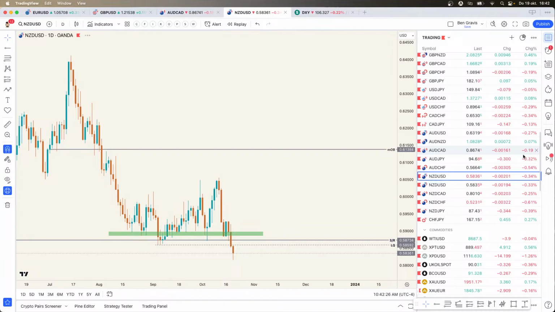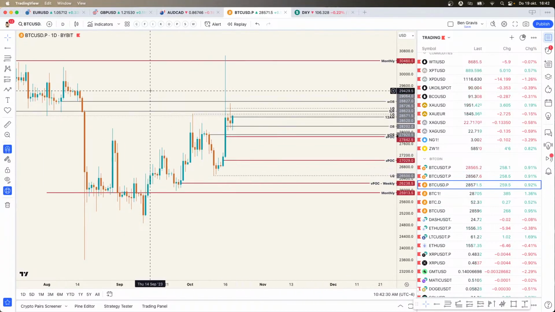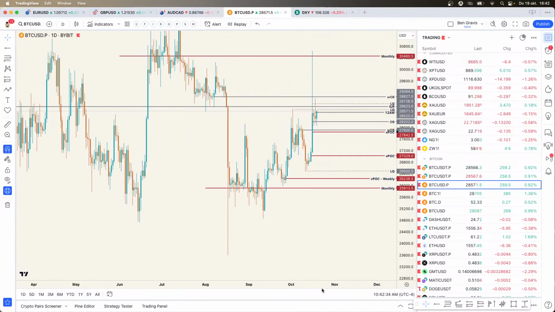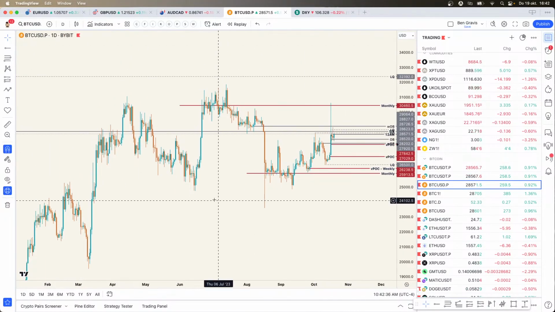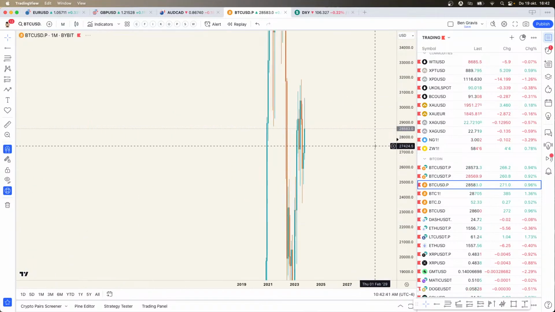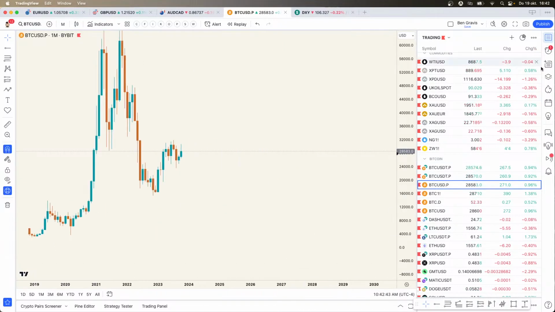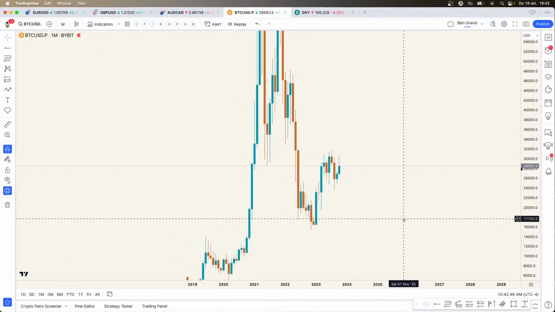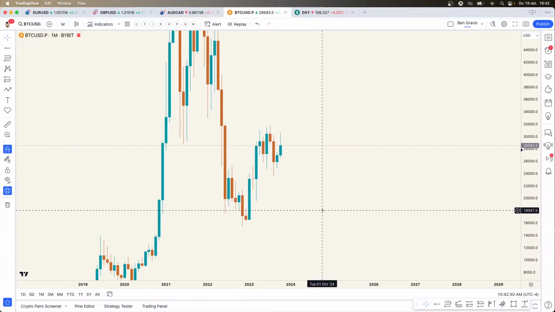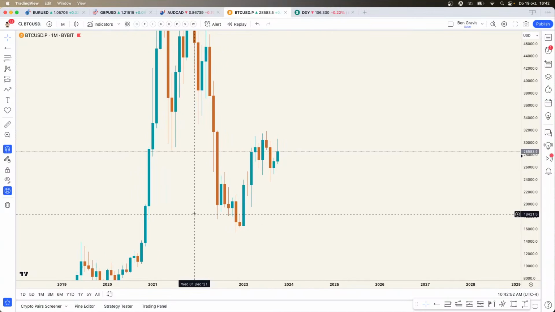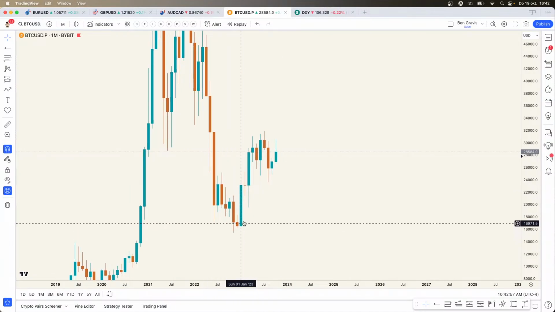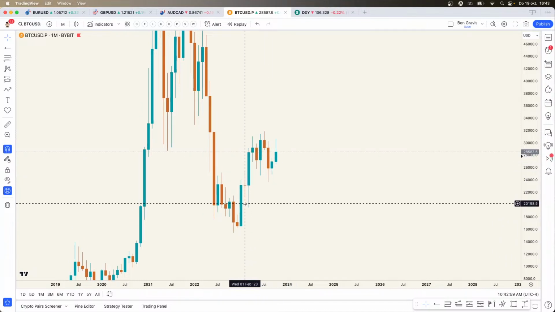Let's just check Bitcoin here. Let's go start fresh. So here you had the same pattern, left shoulder ahead, right shoulder here.